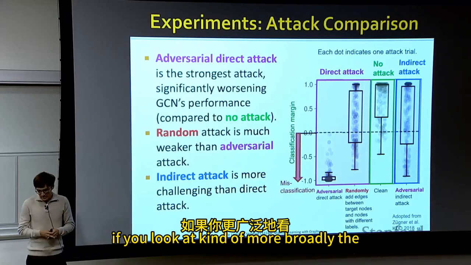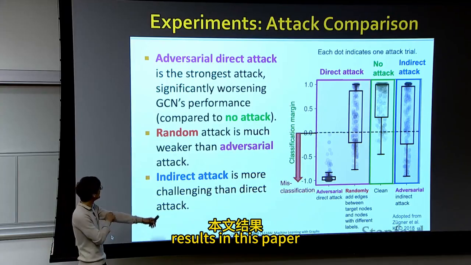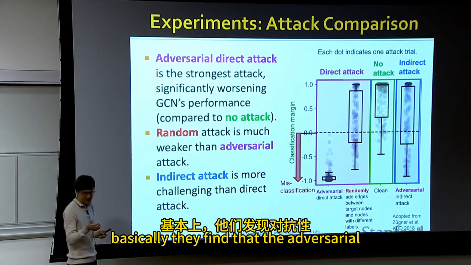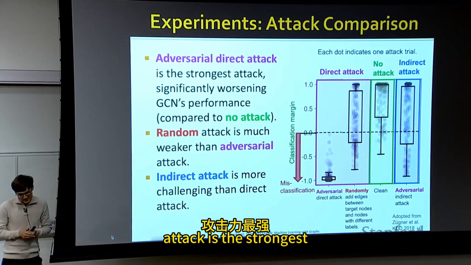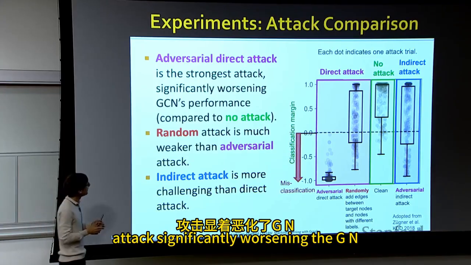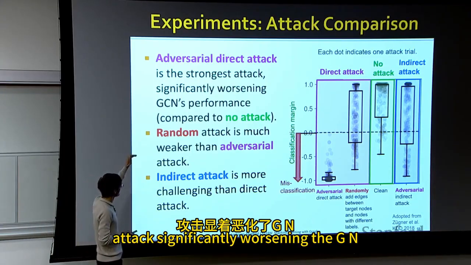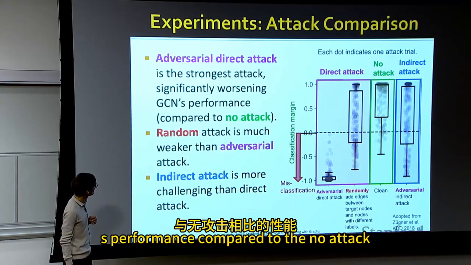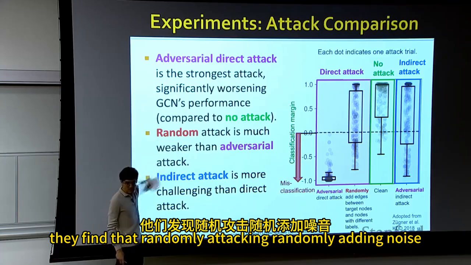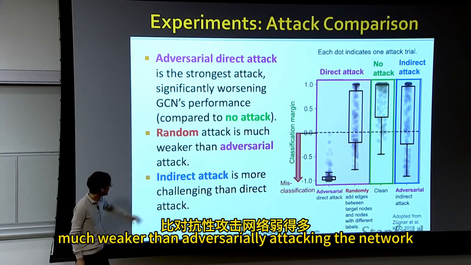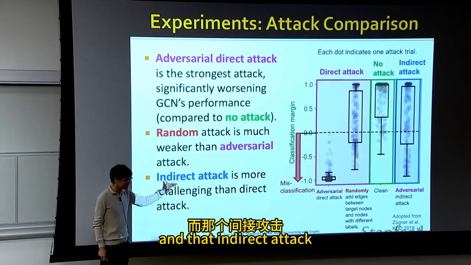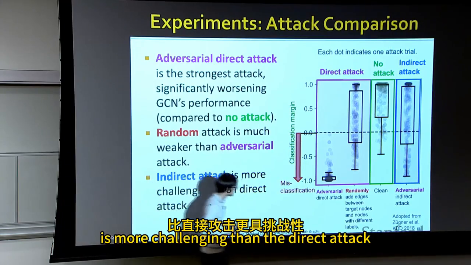If you look at more broadly the results in this paper, basically they find that the adversarial attack is the strongest attack, significantly worsening the GNN's performance compared to no attack. They find that randomly attacking, randomly adding noise is much, much weaker than adversarially attacking the network, and that indirect attack is more challenging than the direct attack.